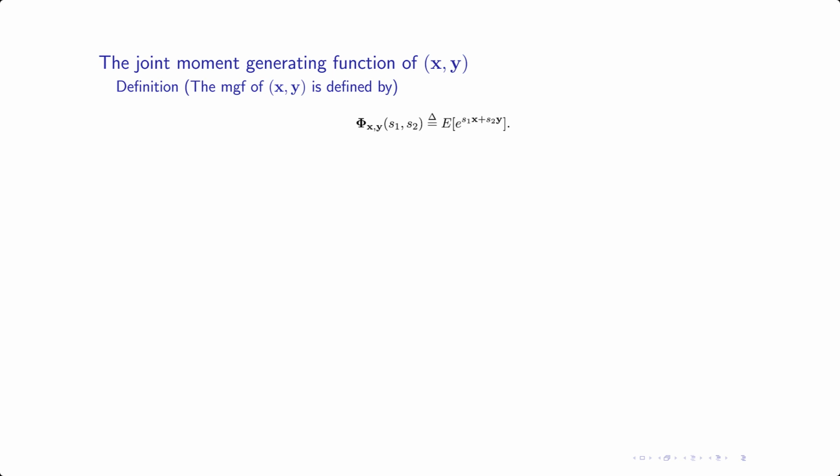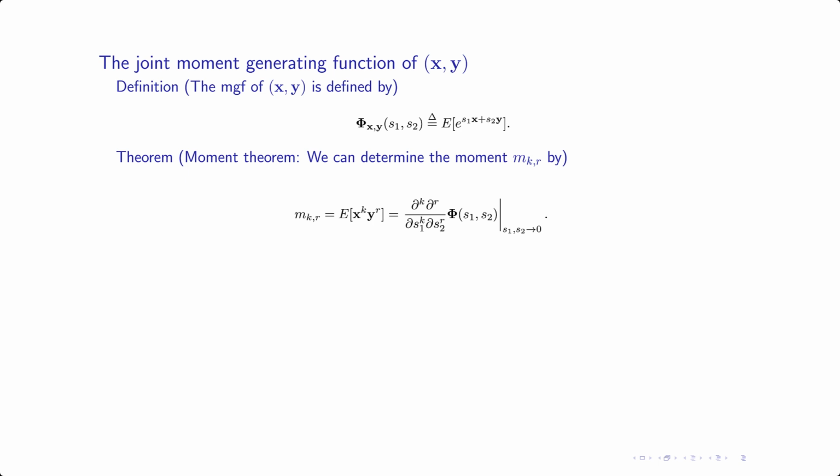This is the joint moment generating function of a random pair, or briefly the MGF of the random vector (X, Y), which is the expected value of e to the power of s1·x plus s2·y. s1 and s2 could be two different real numbers, or they could be complex numbers. If this expected value, this double integral, converges, we call it the moment generating function. Not all distributions have a converging moment generating function, similar to the characteristic function.